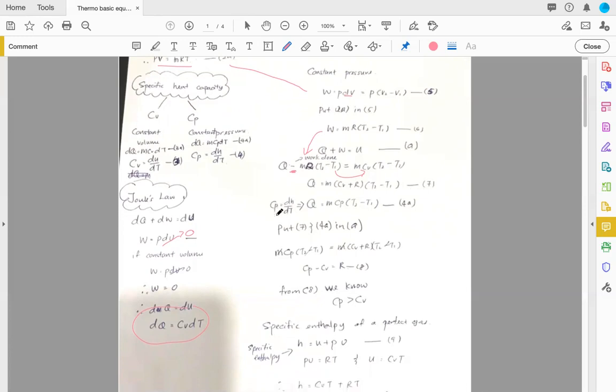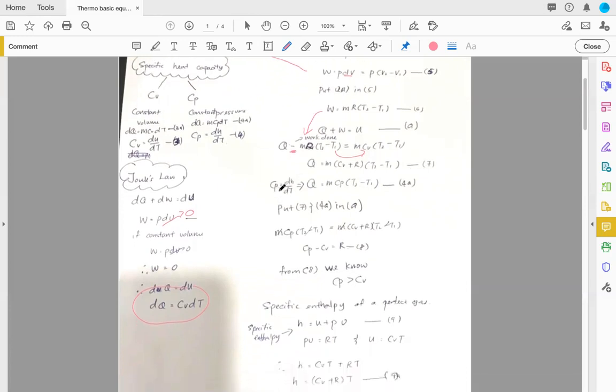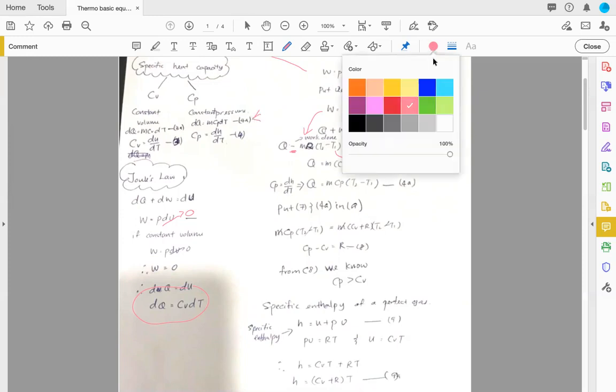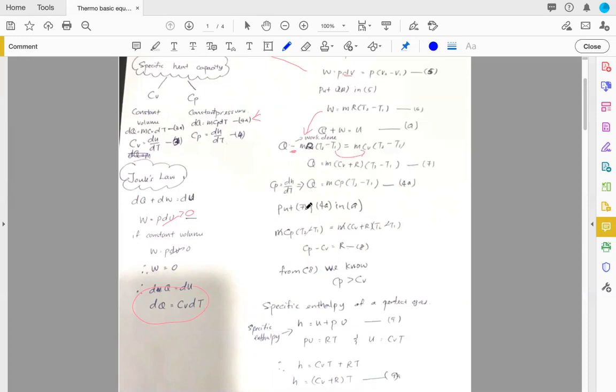We also know that Cp equals delta H over delta T, so we can have Q equals mCp T2 minus T1. This is equation 4a that we learned from this part. Okay, so we put 7 and 4a into Joule's law.